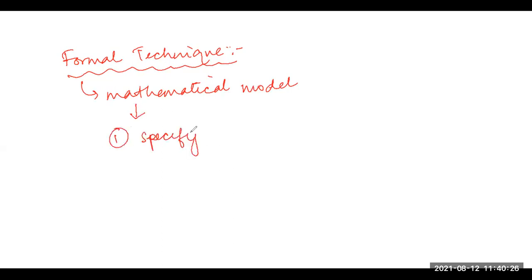So a formal technique is a mathematical model. It will specify the hardware or the software system, and also it will verify whether a specification is realizable or not. That is what these mathematical models will do: first it will specify the hardware or the software systems.